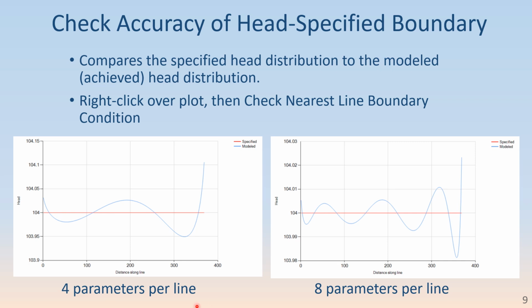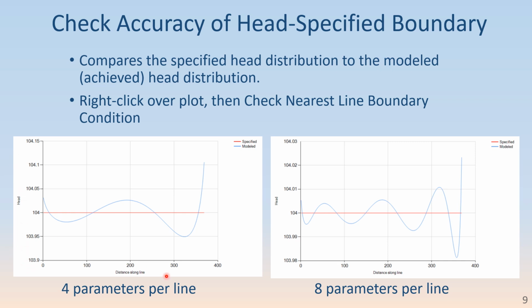This left-hand plot has 4 parameters per line, so 4 control points. And you can see there are 4 places where the modeled head is exactly what was specified, 104, these 4 spots. And it deviates in between, it's approximate in between, but you can see by the scale, we're talking very tiny deviations from what was specified.